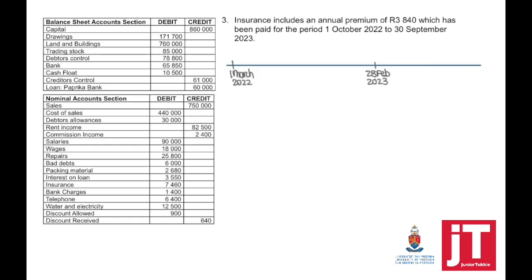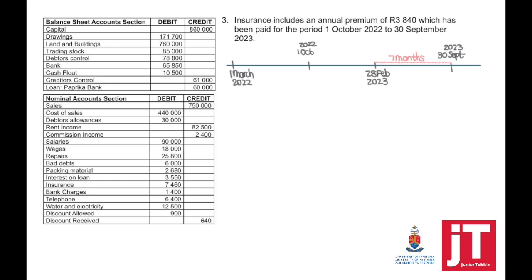Our accounting period ends 28th February 2023, which means that anything outside of the accounting period must be taken out. This insurance premium was taken out on the 1st of October until 30 September, which means 7 months was paid for in advance. Do not take the total from the pre-adjustment trial balance and say times 7 divided by 12.